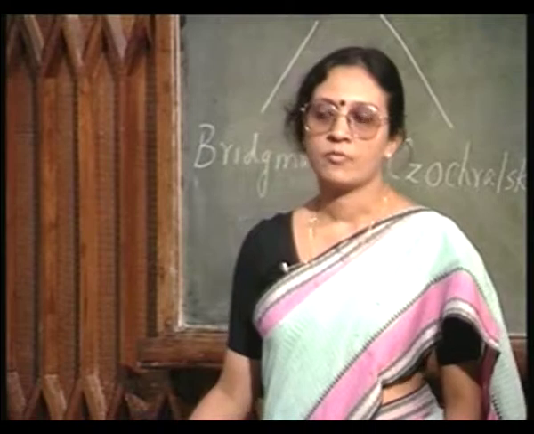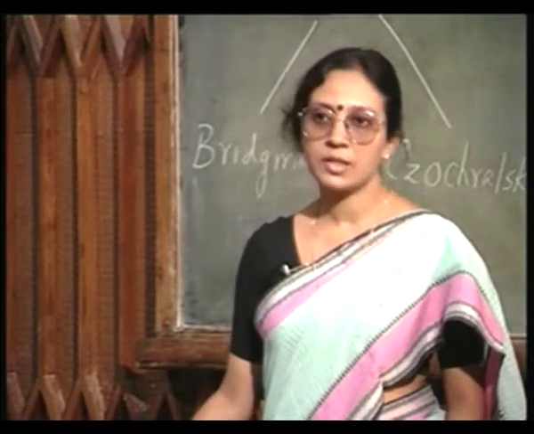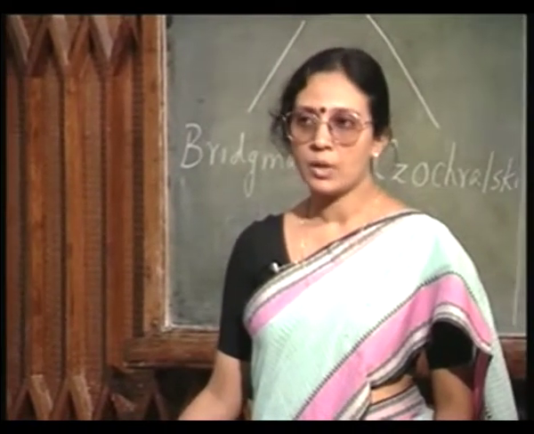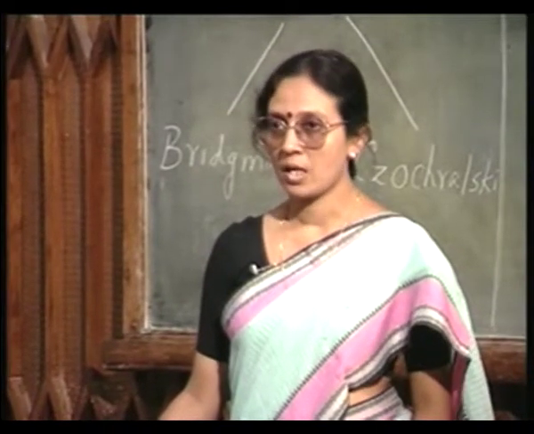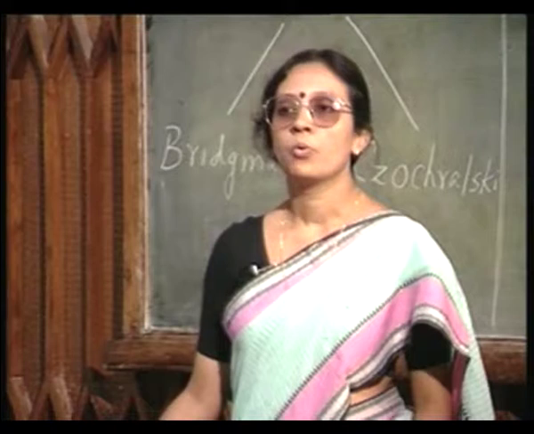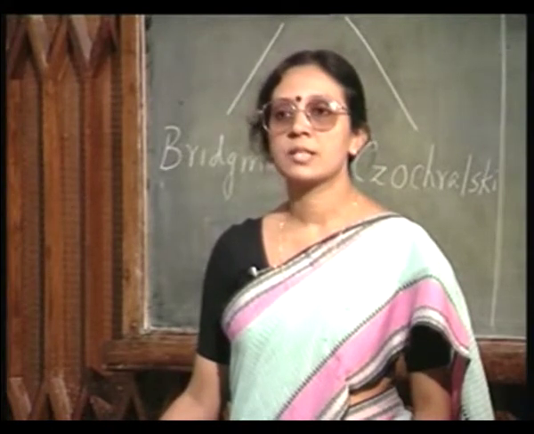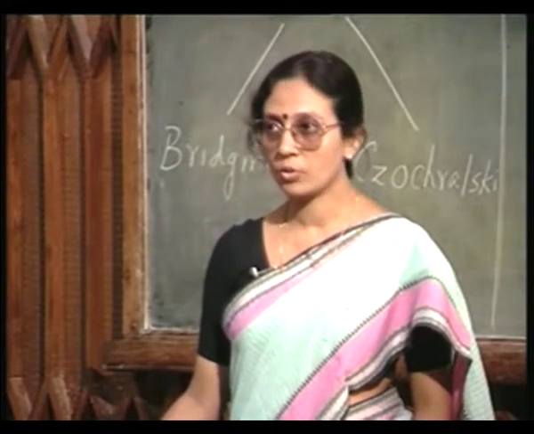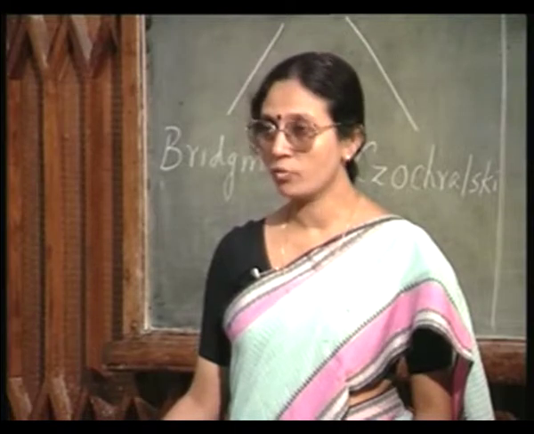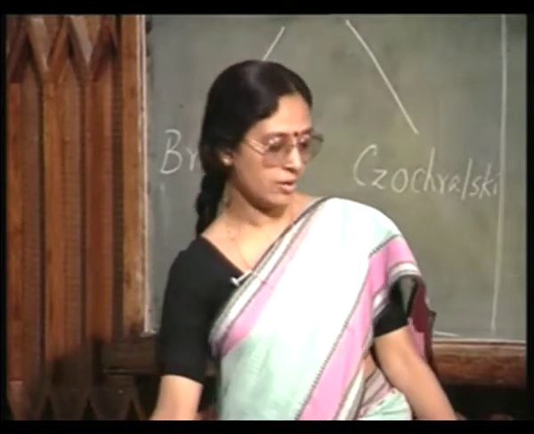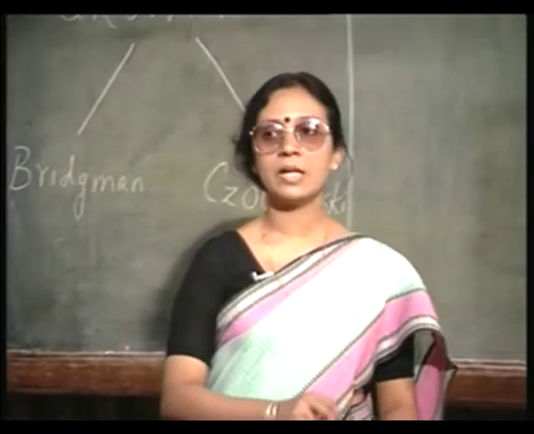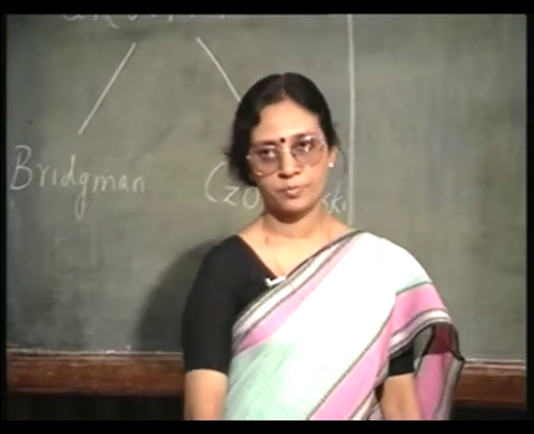But for historical significance, I would like to discuss the Bridgman technique first, and then we will also tell you why the Czochralski technique is preferred for growth of single crystal silicon over Bridgman. So, let us begin our discussion with the Bridgman system of crystal growth.